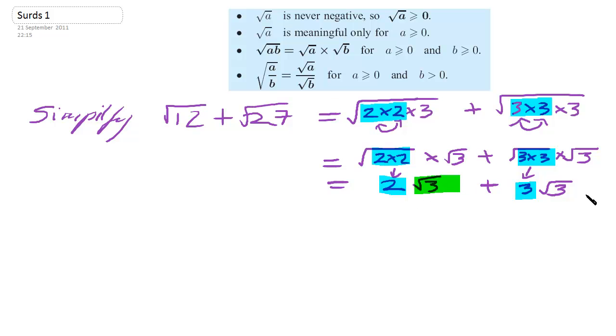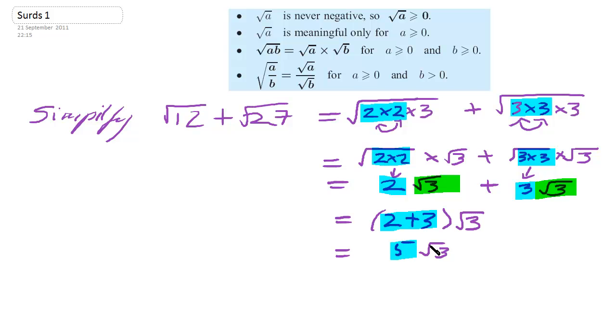So we've got the square root of 3 and the square root of 3 here. So we've got root 3 times 3 and root 3 times 2. So we can take root 3 out as a factor, you might like to think, and you're effectively left with just 2 plus 3 equals 5 root 3. So the blue bits have come together to add to give you this, and therefore to give you 5. So you can also think of it as 2 lots of root 3 plus 3 lots of root 3 gives you 2 plus 3 lots of root 3, which is 5 root 3, and you have your answer.